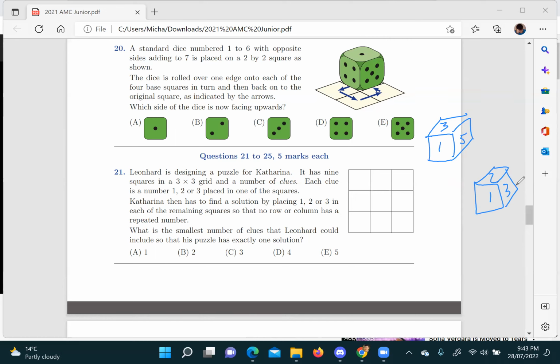And then it flips again. It'll get the 1 at the top. The 3 on the side still. And the 5 will now be here, right?